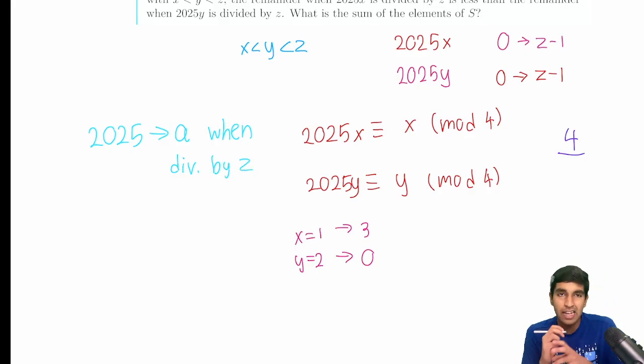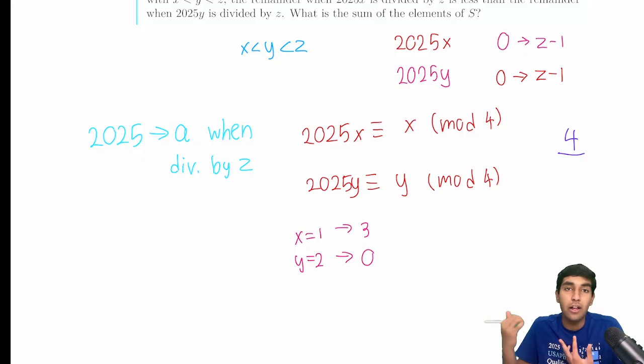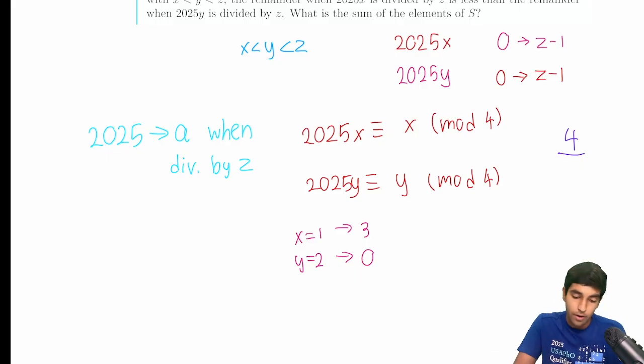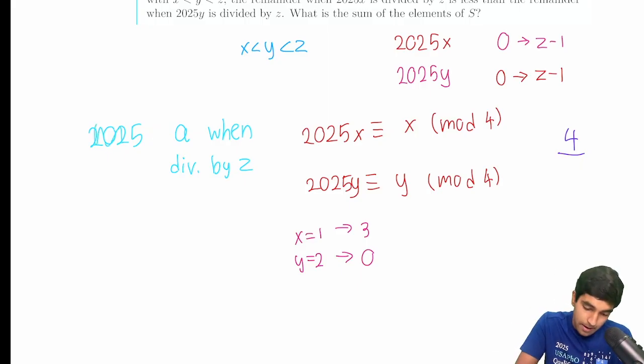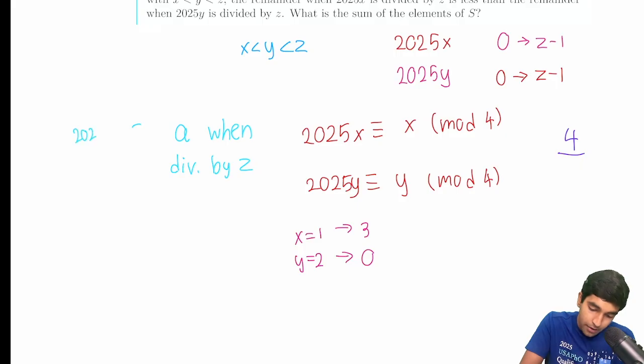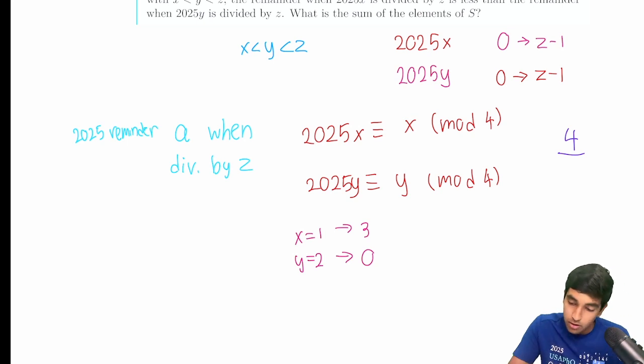I don't want to say 2025 mod z here, because theoretically mod could be a different value. So let's just say 2025 has a remainder of a when divided by z. We're only caring about the value of a, not 2025 itself. We're really just looking at ax and ay.